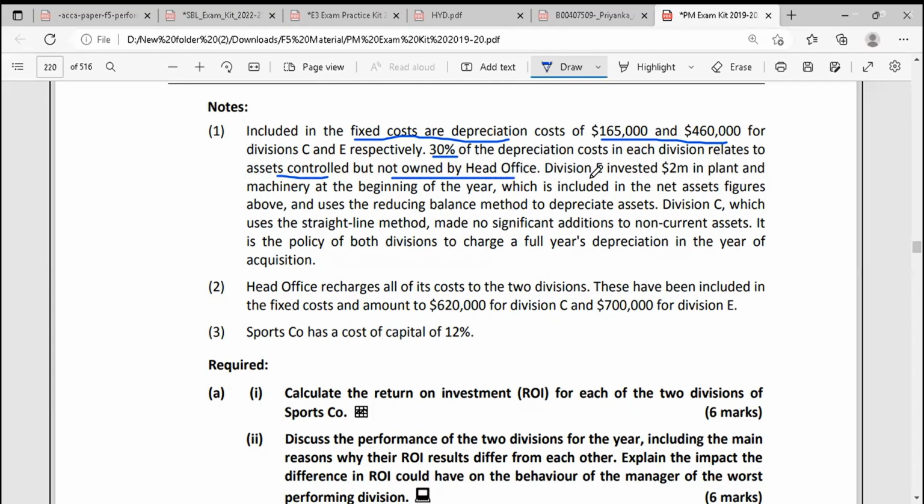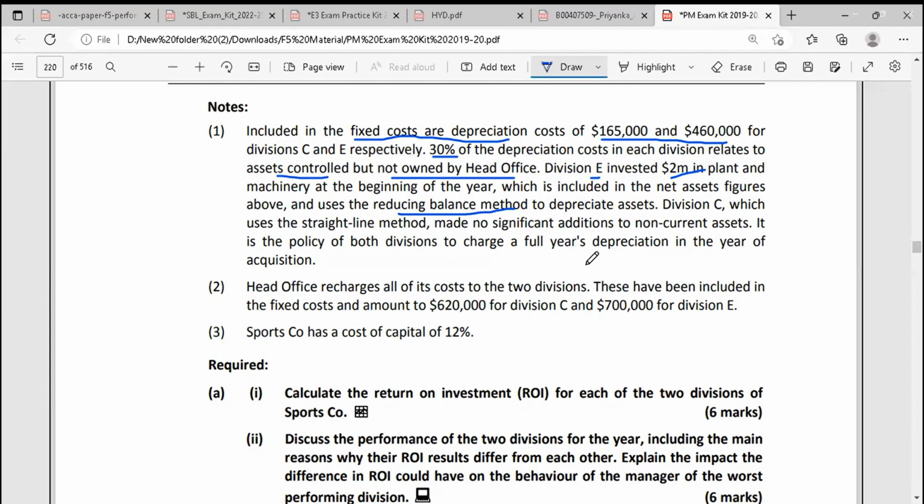Division E has invested 2 million in plant and machinery at the beginning, which is included in the net assets figures above and uses the reducing balance method. Division C, which uses the straight line method, has made no significant additions to non-current assets. It is the policy of both divisions to charge a full year's depreciation in the year of acquisition.